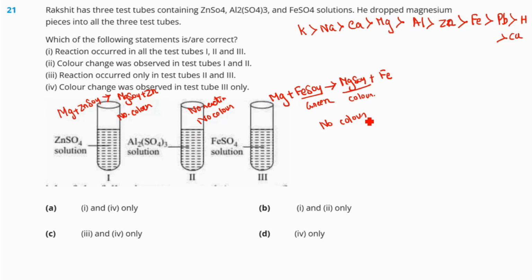Correct? So in the options, we can see that the first option is reaction occurred in all the test tubes 1, 2 and 3. We have to find out the correct statements.